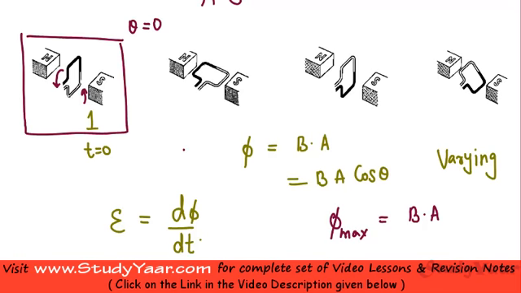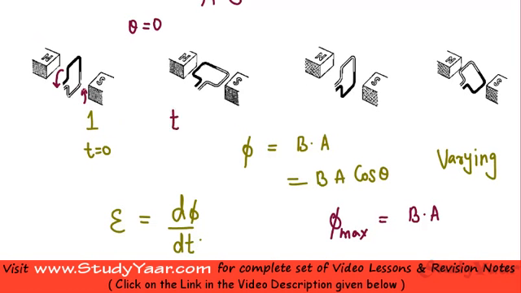Your maximum flux, phi max, is simply going to be B into A, corresponding to this configuration of your coil. Now at a certain time t, your coil is going to rotate by a certain degree. Let's say your coil is rotating with an angular velocity of omega radians per second.